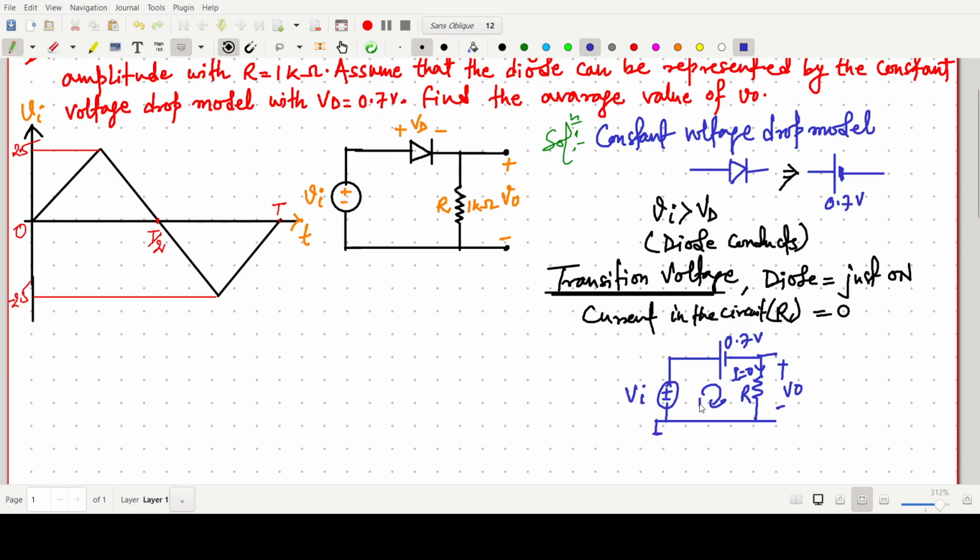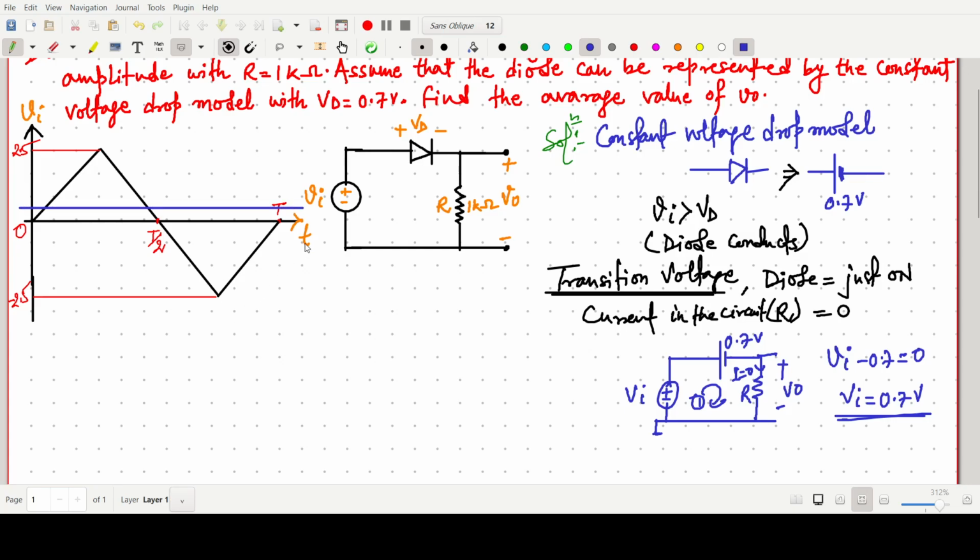If we apply Kirchhoff's voltage law in this loop, we can write Vi minus 0.7 minus 0, because this current I is 0, so V naught will also be 0. So Vi equals 0.7 volt. We have to plot this Vi equals 0.7 volt on the input waveform, which will give the states where the diode is on and off.